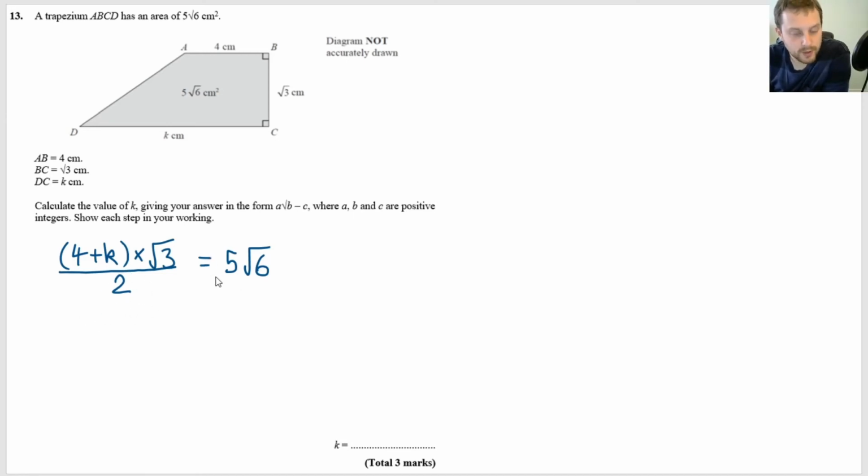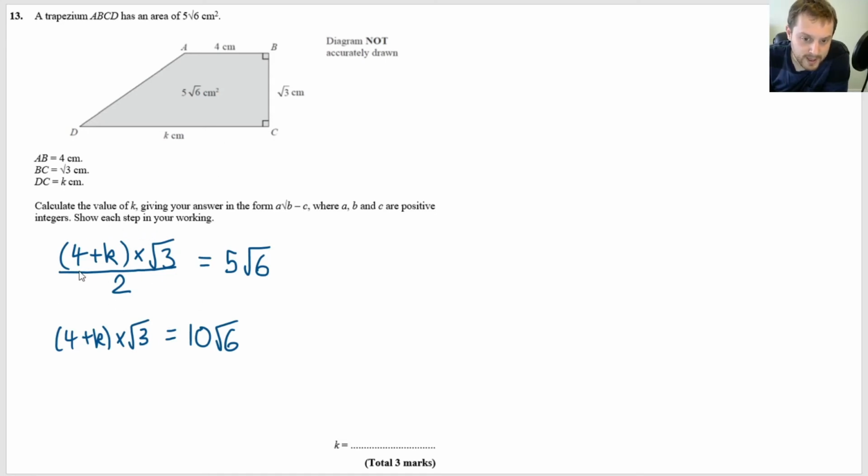So, let's deal with the fact it's halved. Let's just double everything. So instead I could write 4 plus k times root 3, and that would be 10 root 6. If I don't halve it, then this would be 10 root 6 instead of the correct 5 root 6.